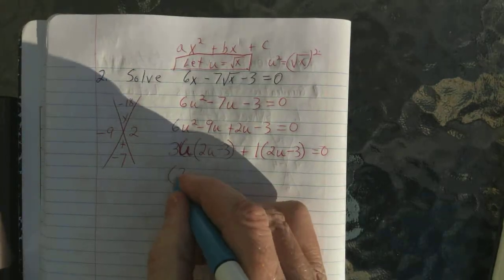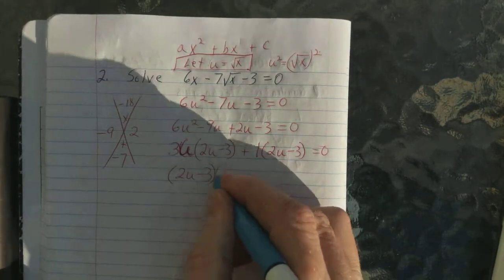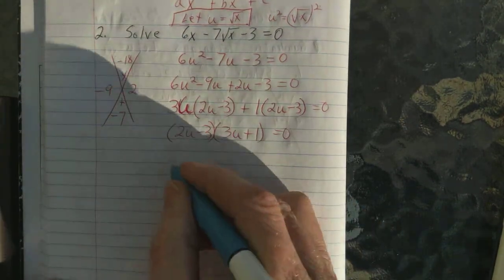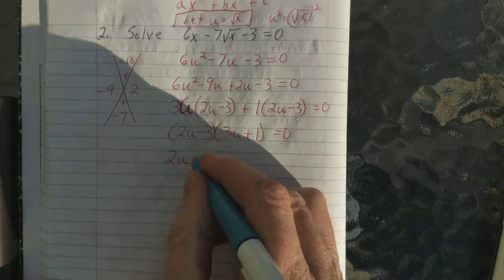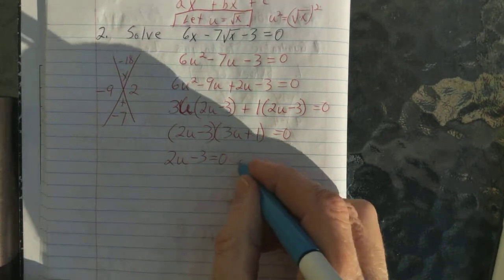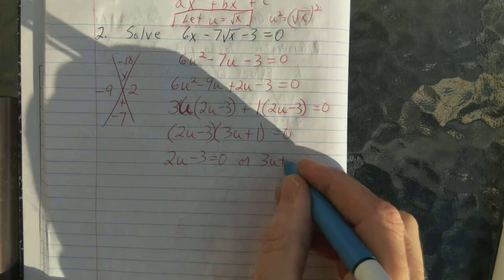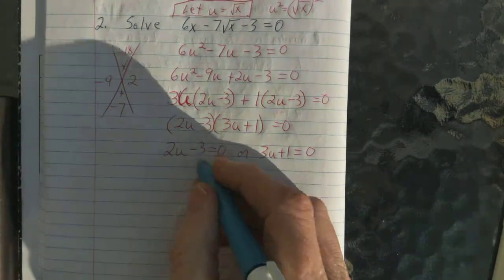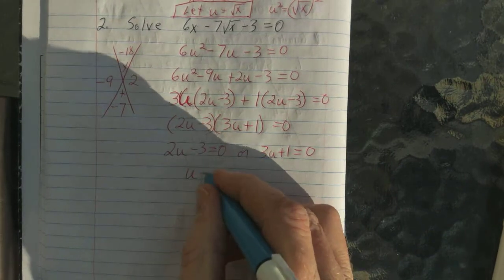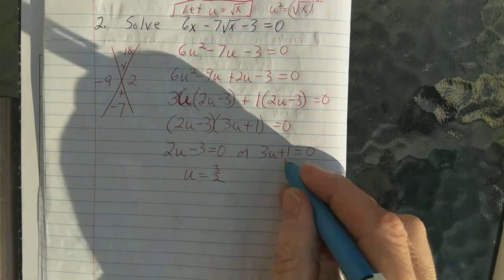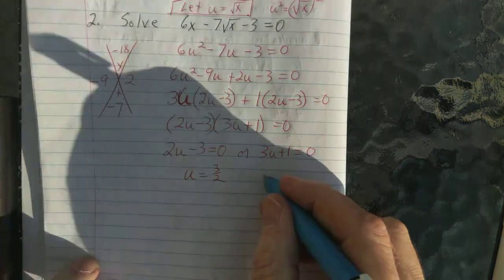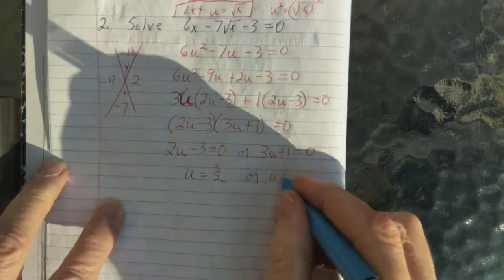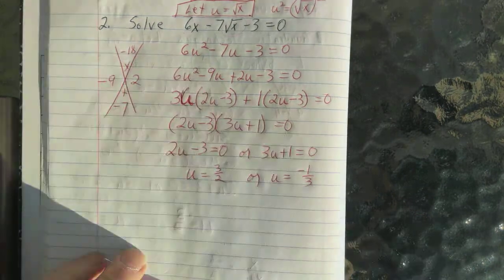So 2u minus 3 times 3u plus 1 equals 0. 2u minus 3 equals 0, or 3u plus 1 equals 0. Add 3, divided by 2, I think we're looking at u equals 3/2. Subtract 1, divide by 3, or u equals negative 1/3.